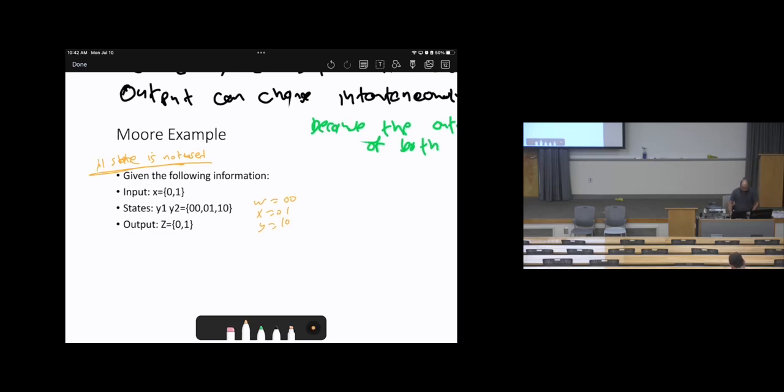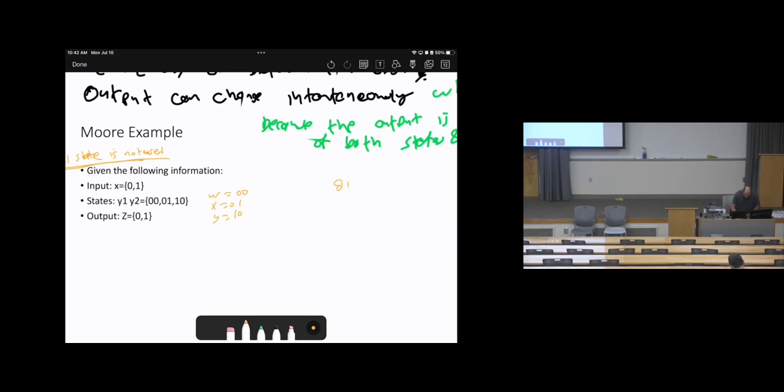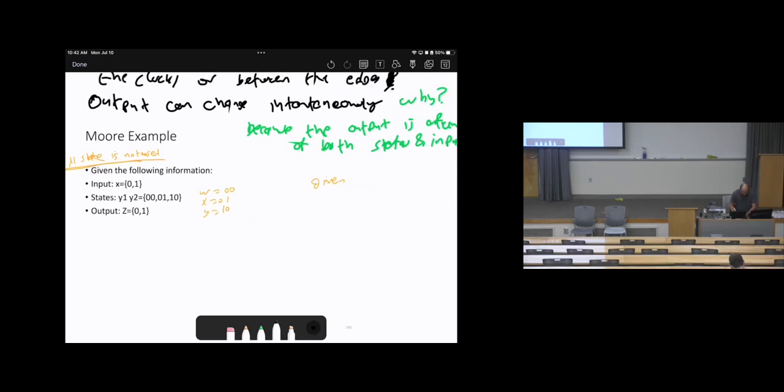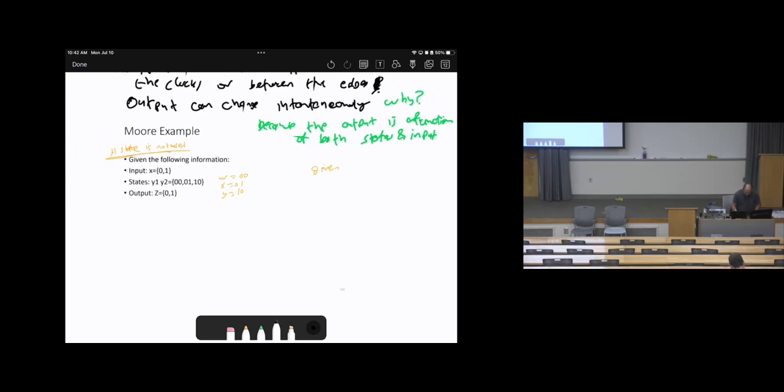Now, I'm going to assume this is given. This is the state diagram that I'm going to draw now. Here is the state diagram. Then we need to draw the state table. So here is W over 0, X over 1, Y over 0.